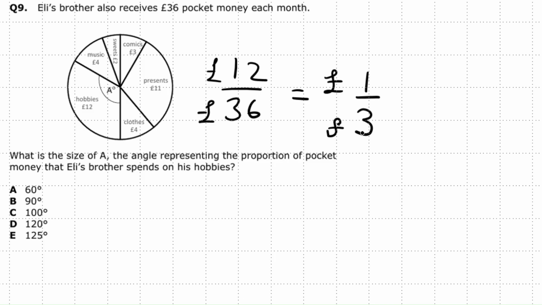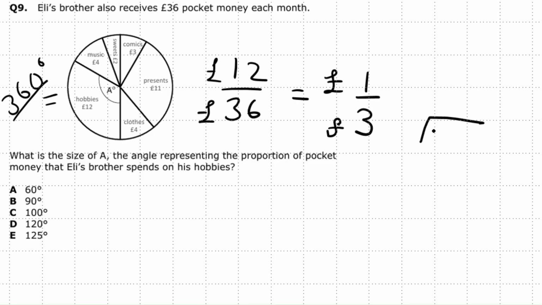So we know that 1/3 can be like whatever number divided by 3. So we know this whole pie chart, where a whole circle is equal to 360 degrees in angles. So we need to divide 360 by 3.